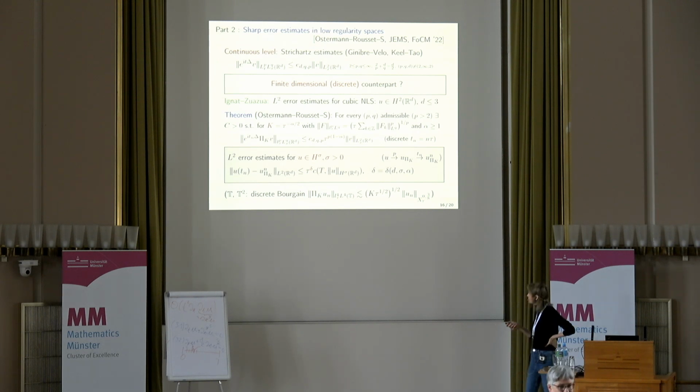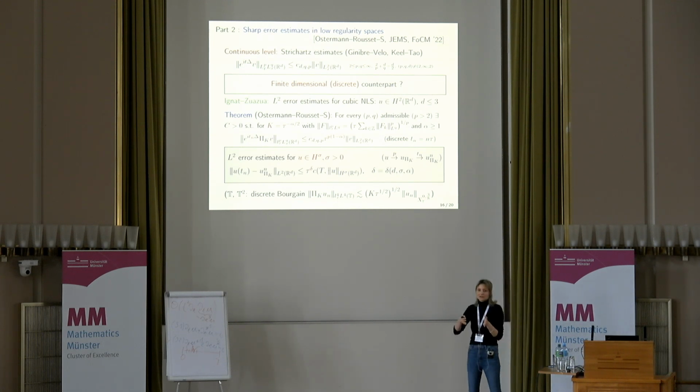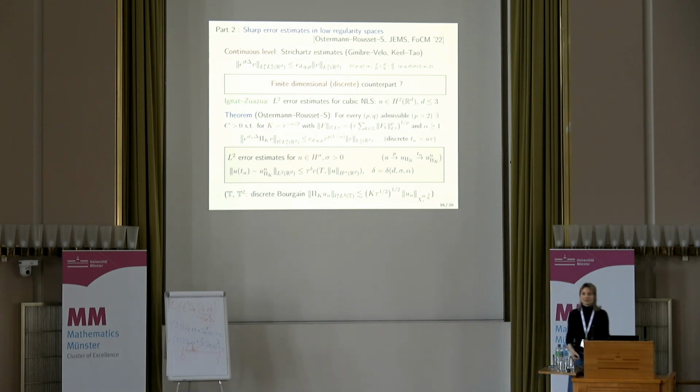But what we cannot do yet, and what we're working on at the moment, is this: we have error bounds on short time scales, so we can go up to T1, but the question is what happens if we go longer in time. If you want to go down to this level of regularity, you really have to use PDE techniques. For instance, for KdV or Schrödinger equations, if you want to analyze closeness also for the PDE, you have to use Strichartz or Bourgain.